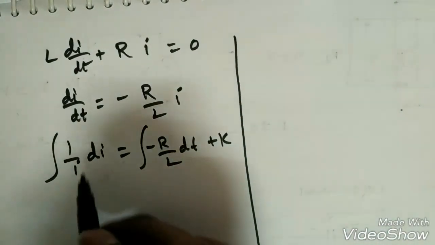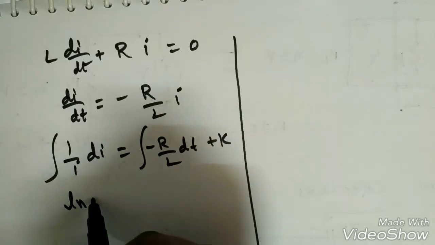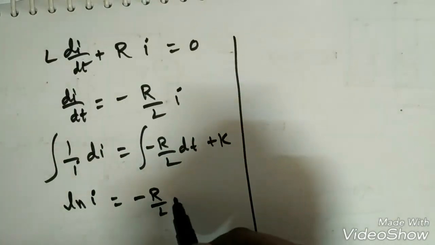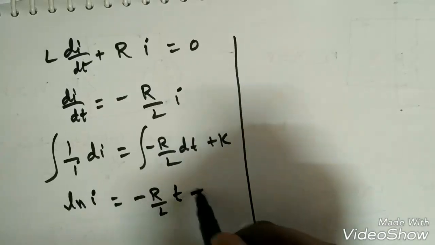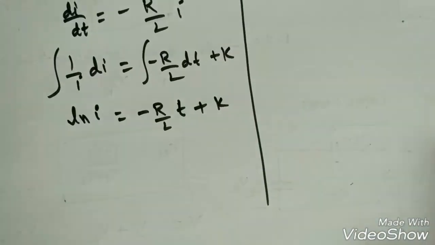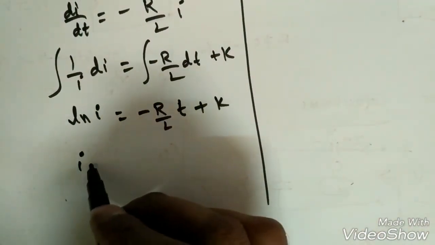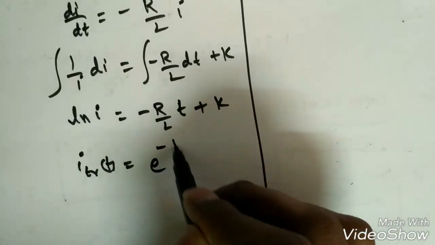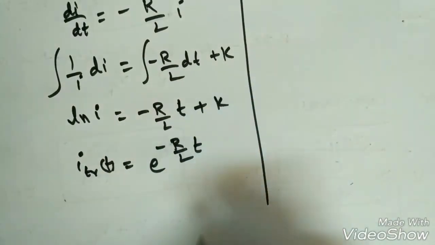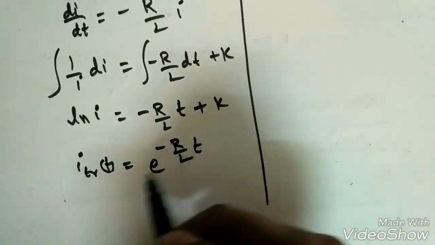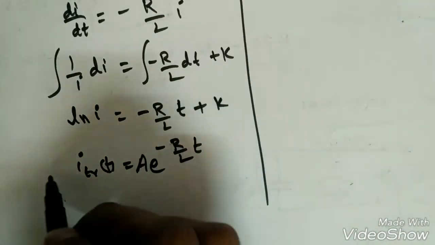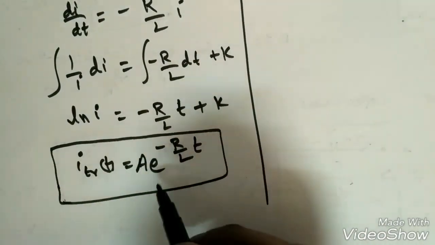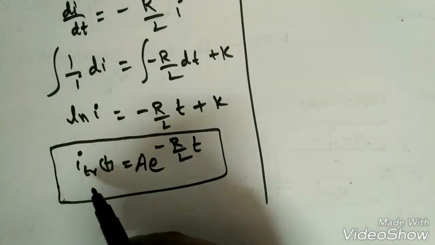The integral of 1 by x dx is ln x, so ln I equals minus R by L, a constant, times t, plus k. So I transient of t is equal to e power minus R by L into t, into e power k. Assuming e power k as some constant A, this is the transient response.